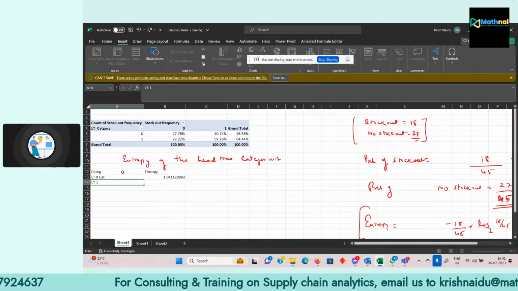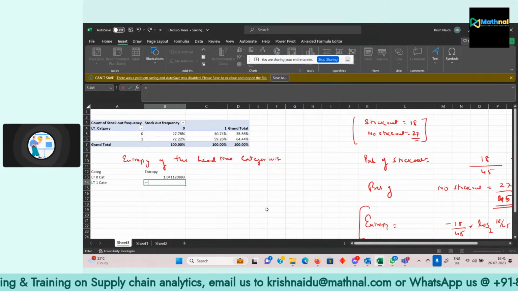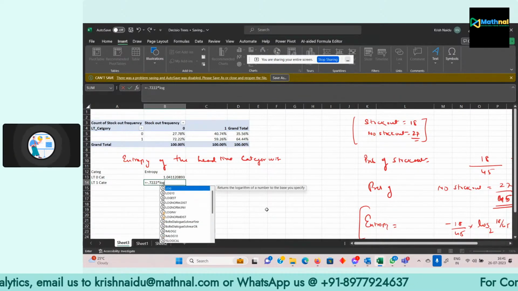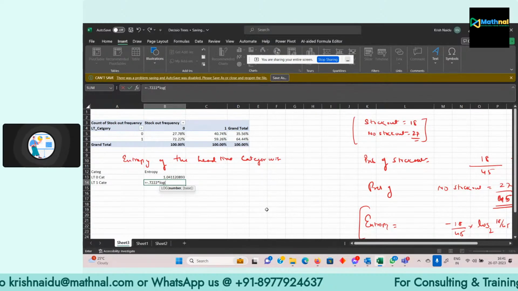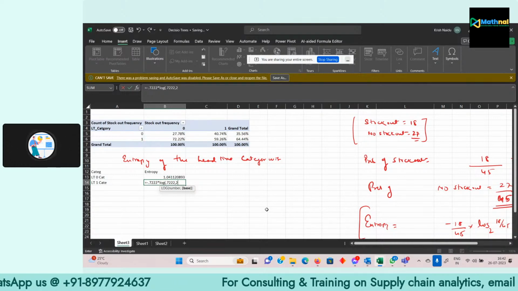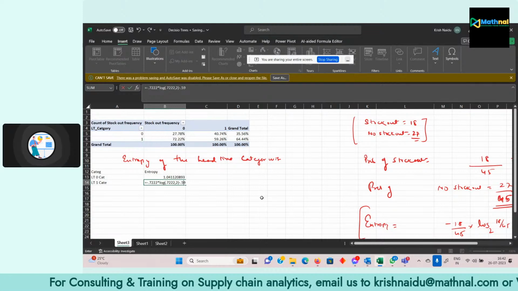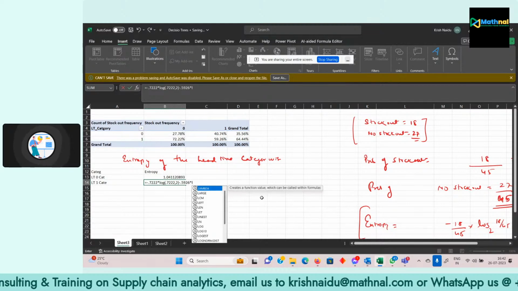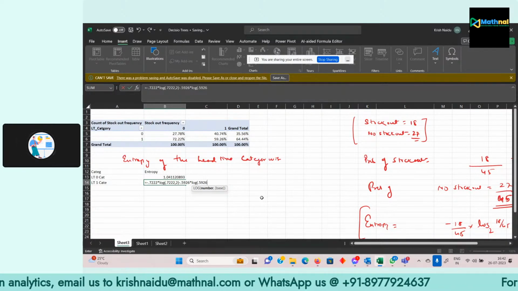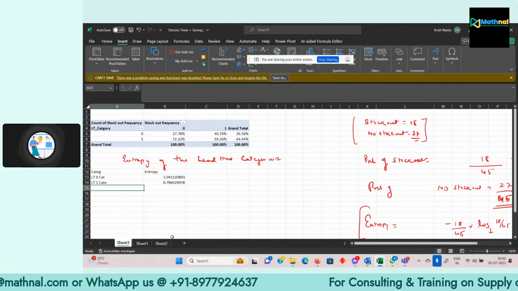Again, I'm going to take this value, minus 0.722 into log of 0.722 to the base 2, minus 0.5926 into log of 0.5926 to the base 2. So what we got here is 0.78.